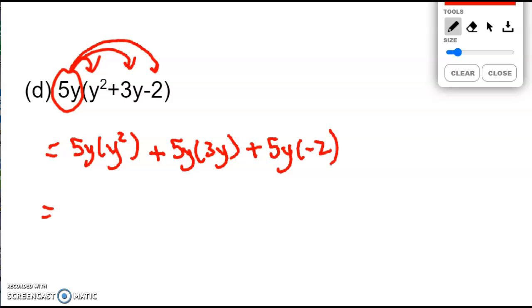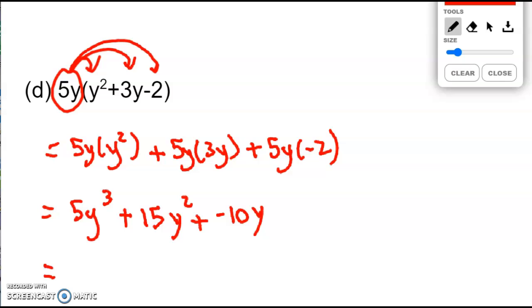So 5 times y times y squared is 5y to the power of 3, plus 3 times 5 is 15, and y times y is y squared. And then 5 times negative 2 is negative 10, times y. So finally, I don't like this plus minus thing. I can simplify this as plus 15y squared minus 10y.